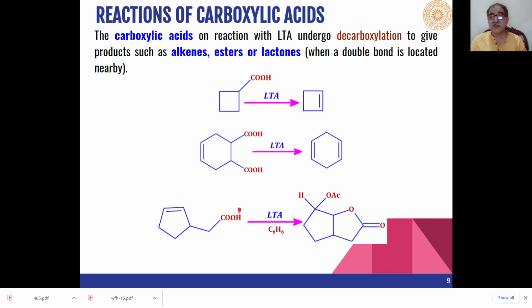Similarly, lactones are formed when there is a carbon-carbon double bond near the carboxylic acid. So this will undergo cyclization at the carbon-carbon double bond to give us these types of lactones as the products.